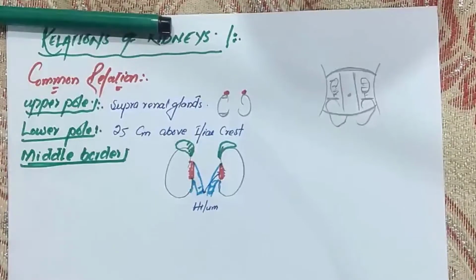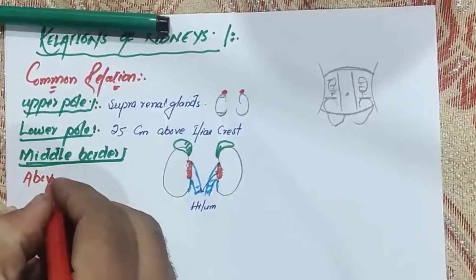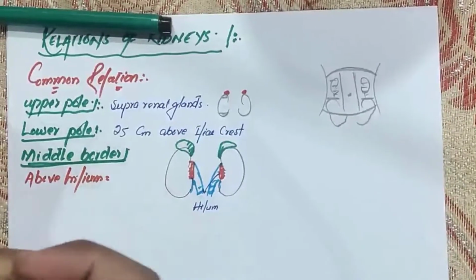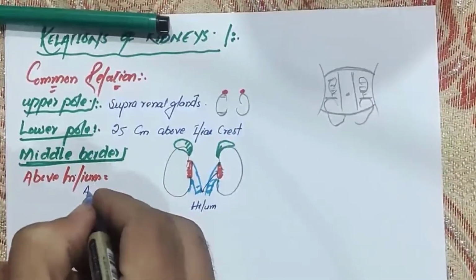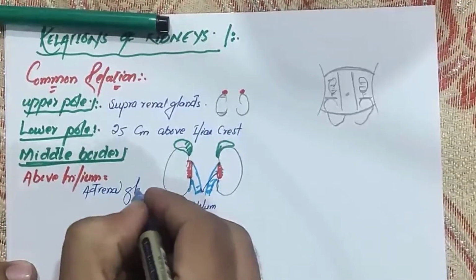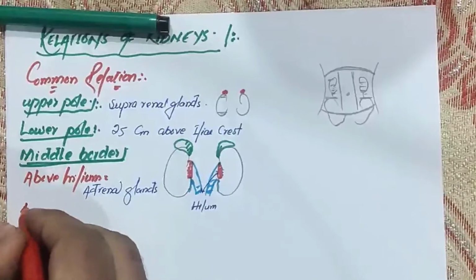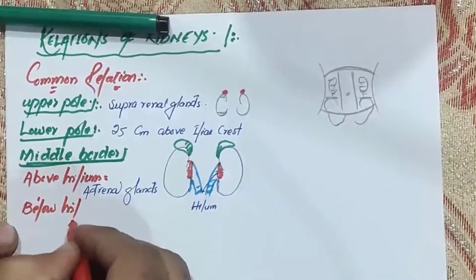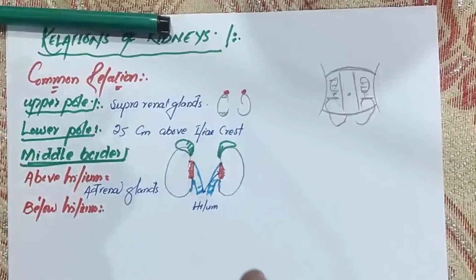So we write here: above the hilum, it is related to suprarenal glands, or we call them adrenal glands. And below the hilum it is related to the ureters.